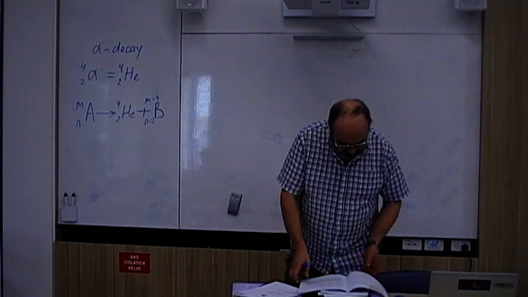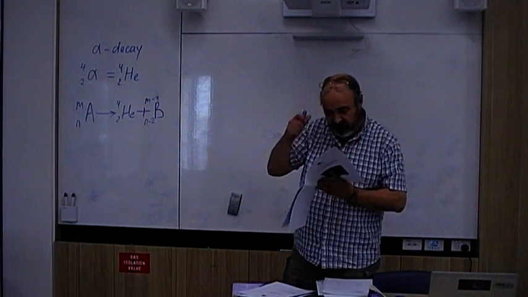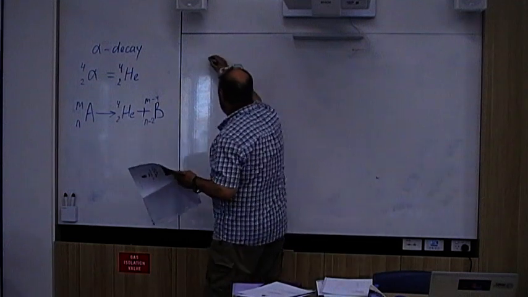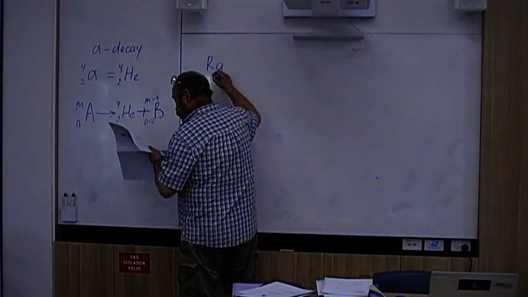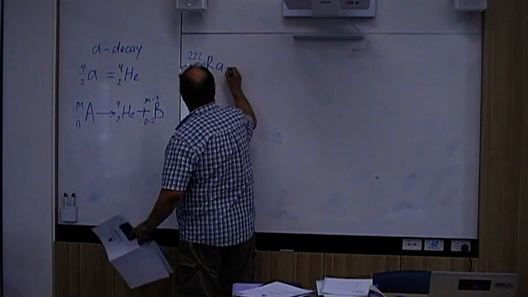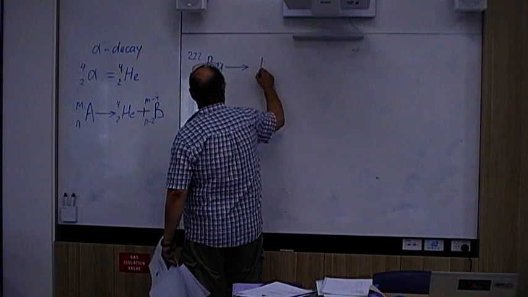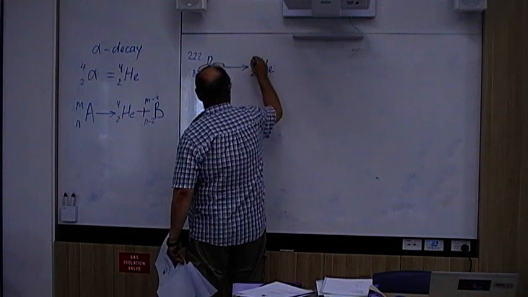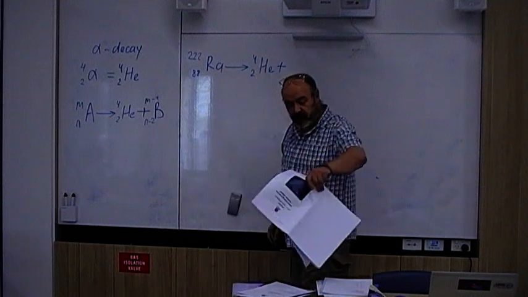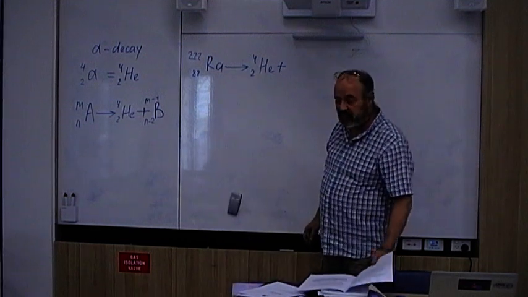An example of alpha decay: if we have radium 88, 222 and it emits an alpha particle, what will it become? Open the periodic table and look at it.